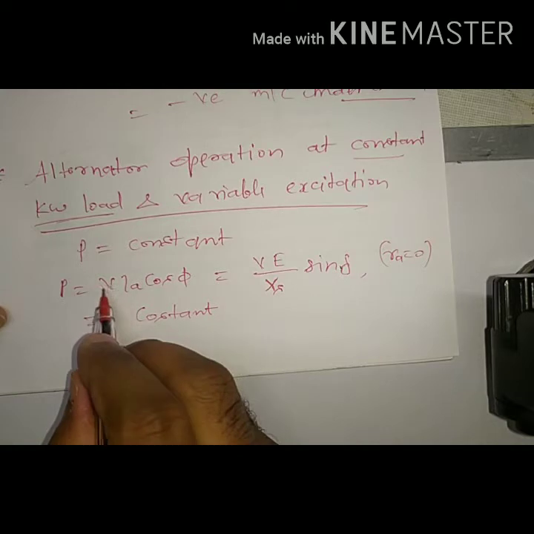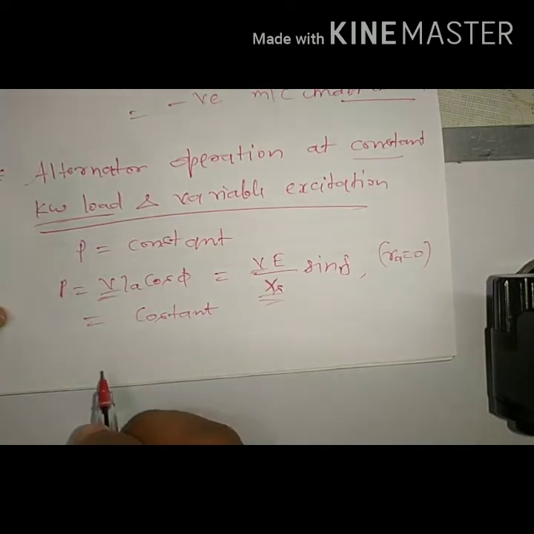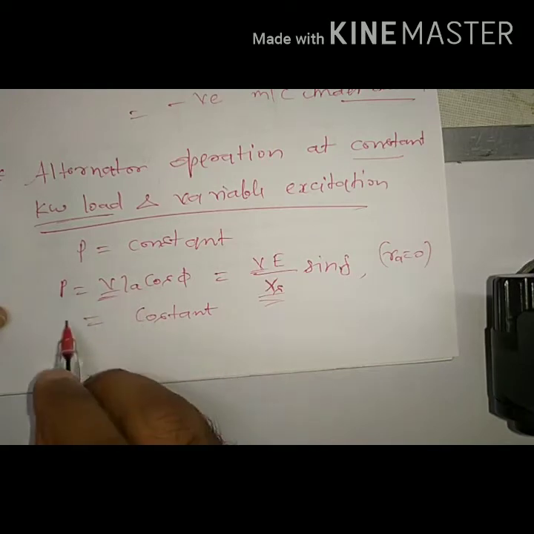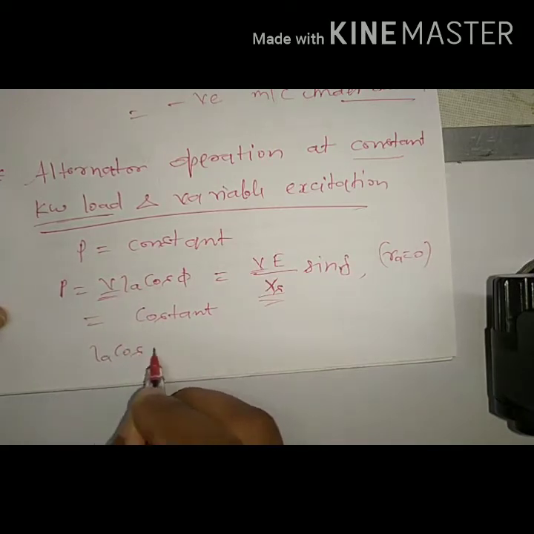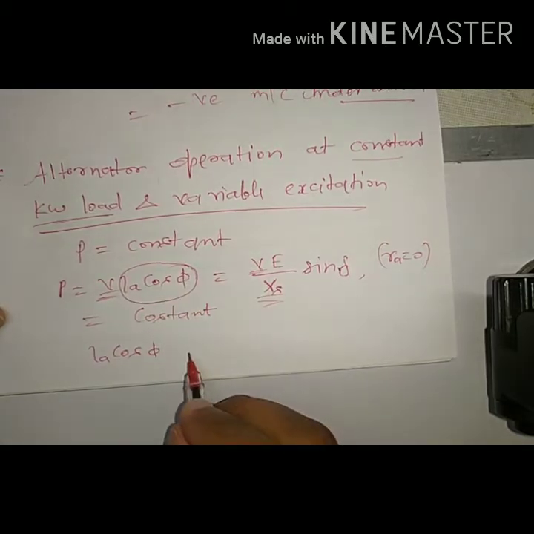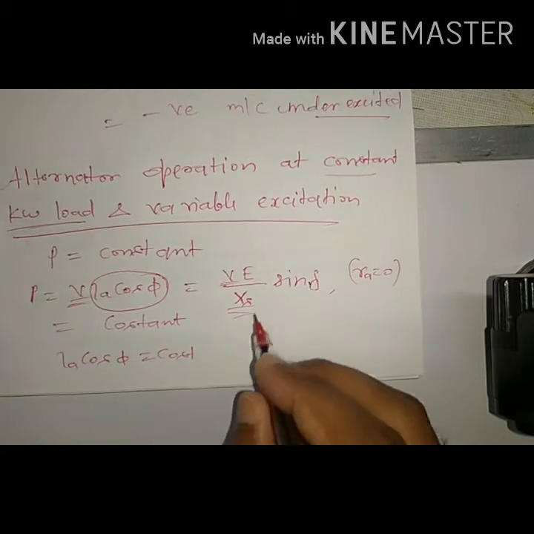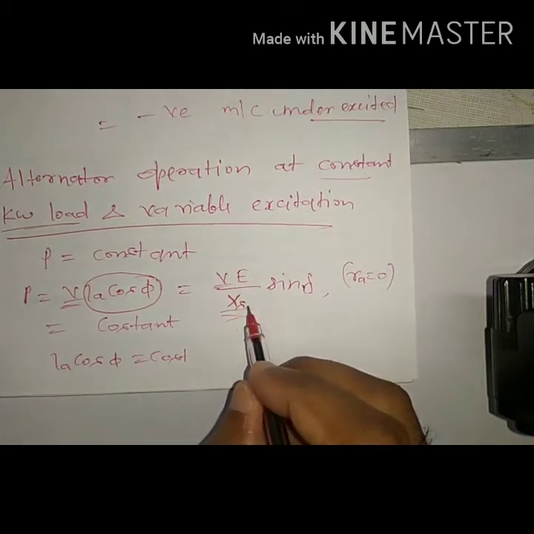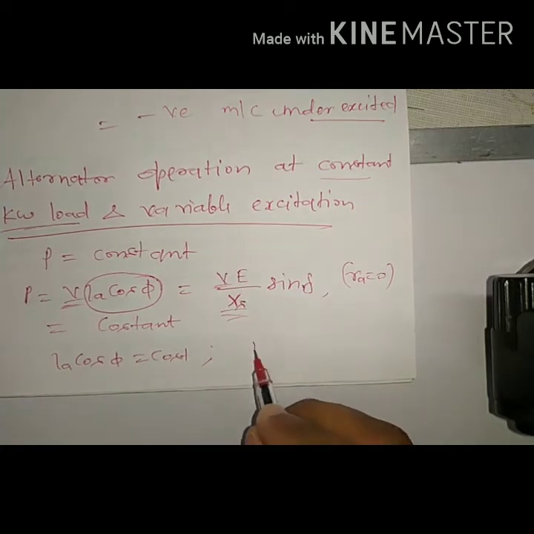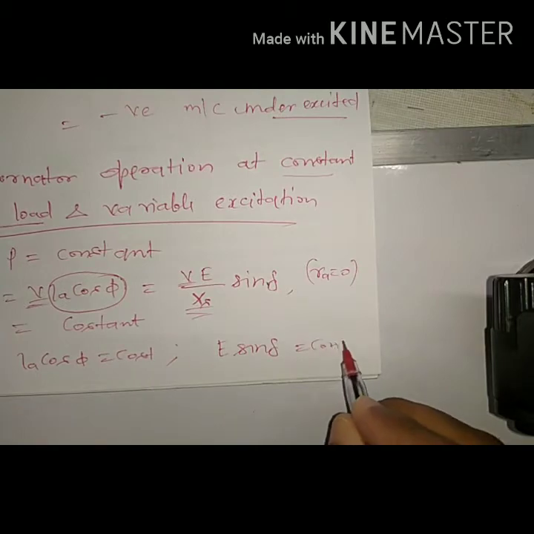So as terminal voltage is constant and synchronous reactance is constant, I_A cos phi must be constant, and here as V and X_S are constant, E sin delta must be constant.